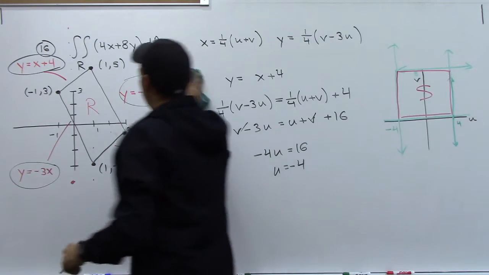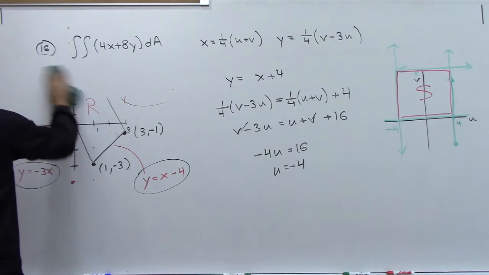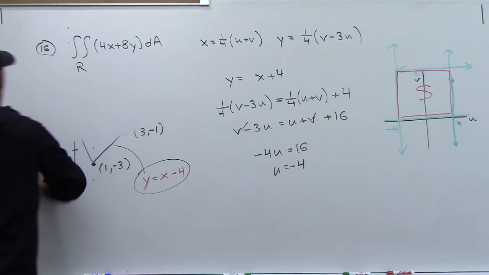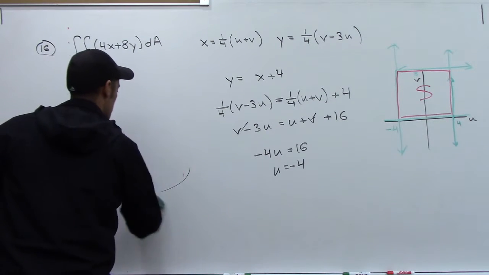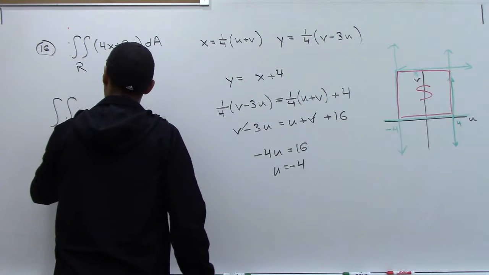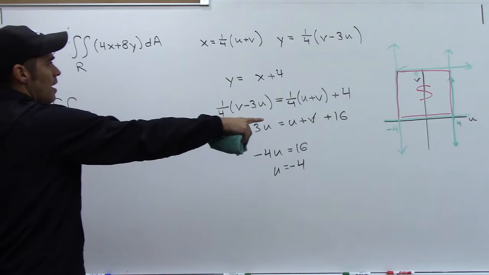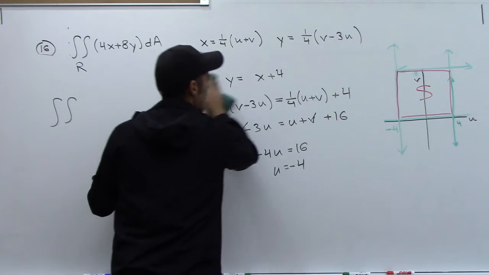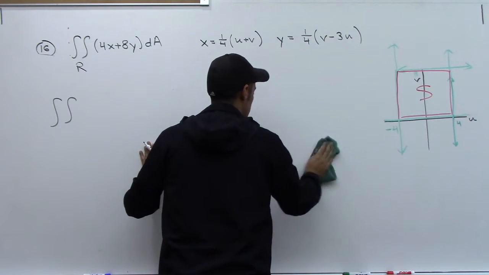So now what I'll do is erase all this and remove R. Okay, I'm going to set up my double integral over the region S, which is that. Now, I'm going to need to get my Jacobian determinant.